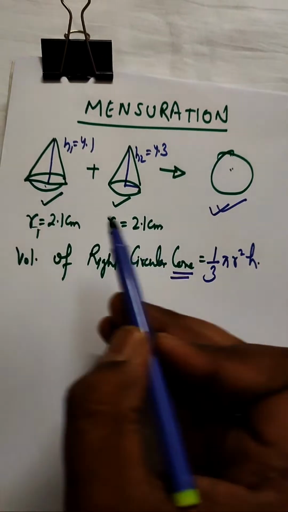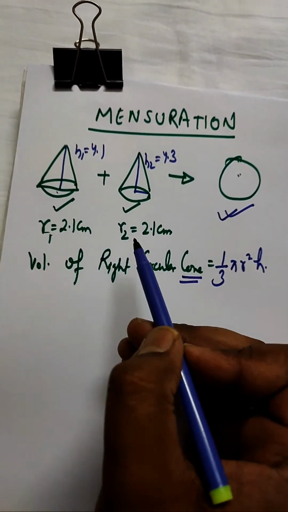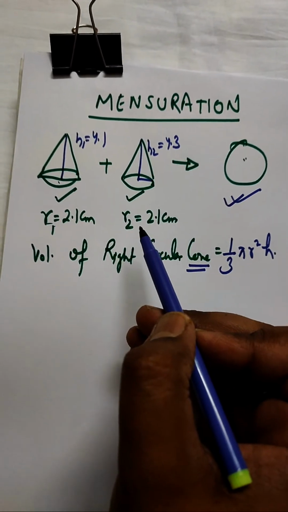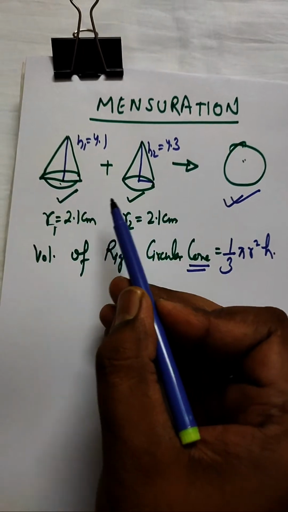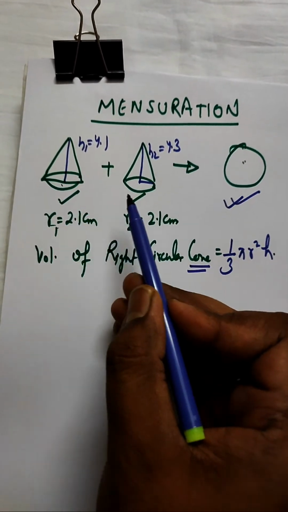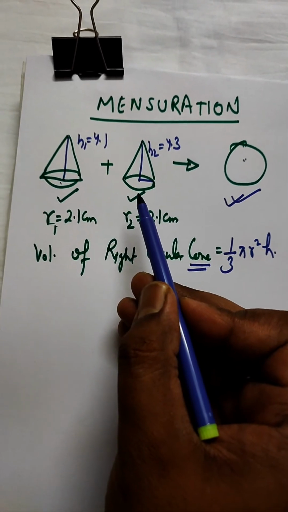So we have two cones with us, one with radius r1 and another with radius r2. What will be the volume of the two cones? Will they be equal?